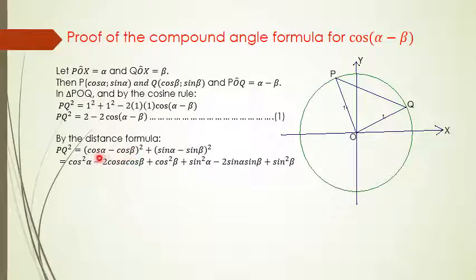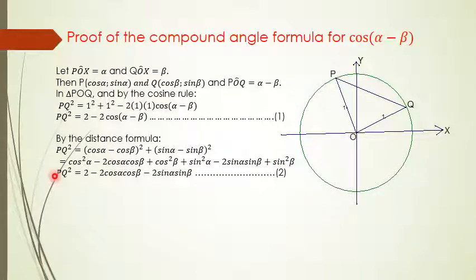Squaring this, it gives us cos squared alpha minus 2 cos alpha cos beta plus cos squared beta. And squaring this, we obtain sin squared alpha minus 2 sin alpha sin beta plus sin squared beta.